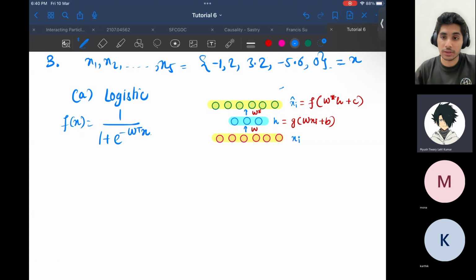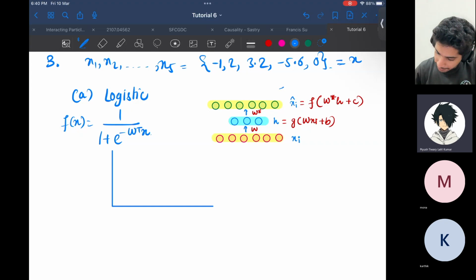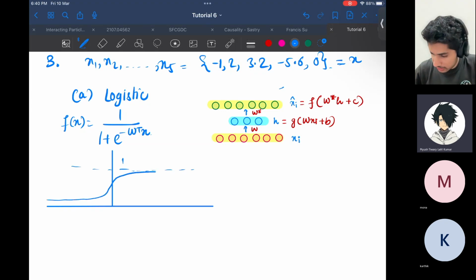How does this logistic function look like? It looks something like this, between 0 and 1. So you have 1 here, so it is upper bounded by 1. The logistic function goes like this, right?